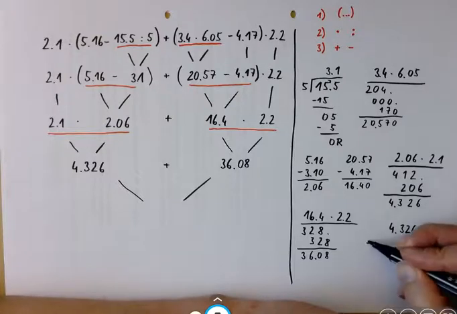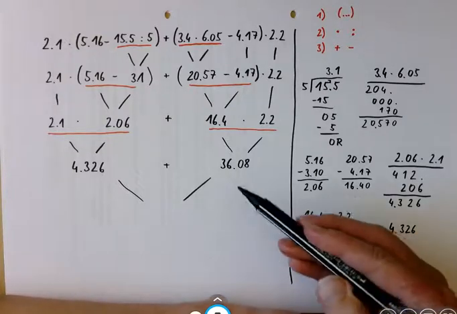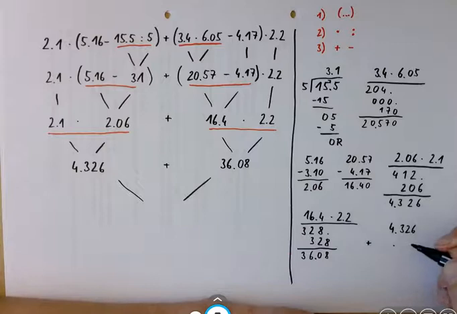4.326 plus, and now be careful, the decimal points have to be aligned, so it's 36.08.